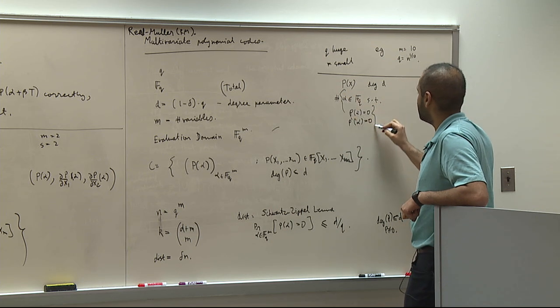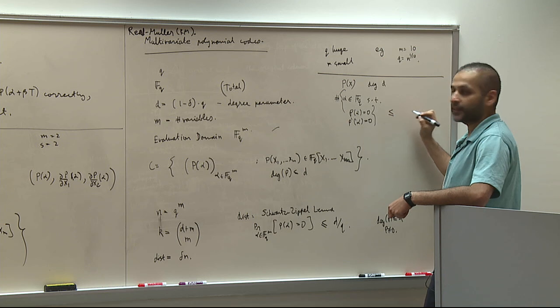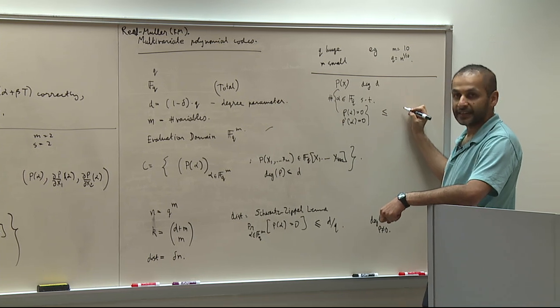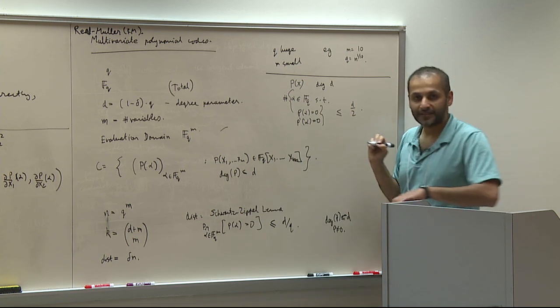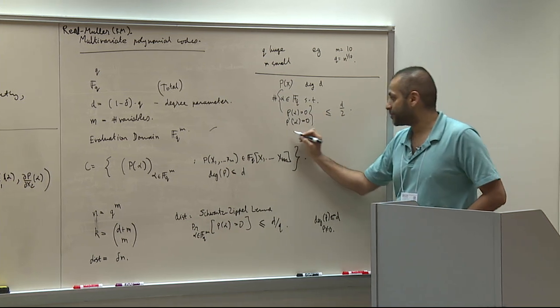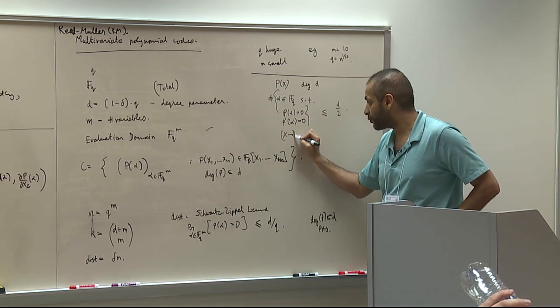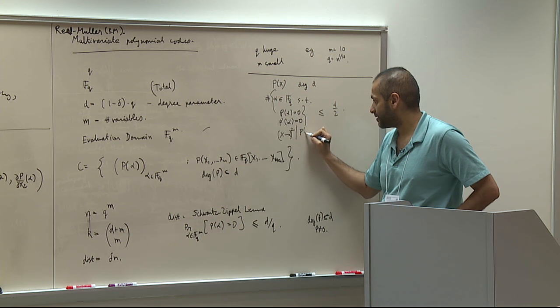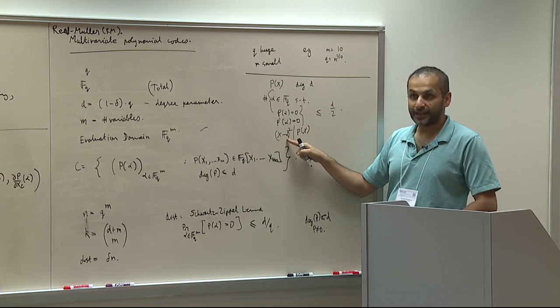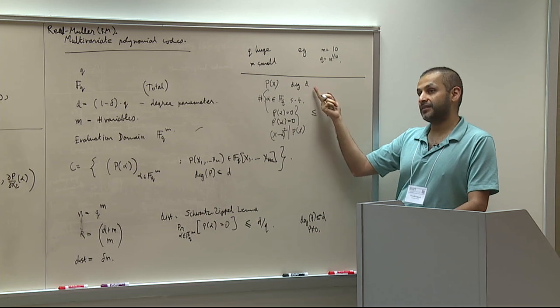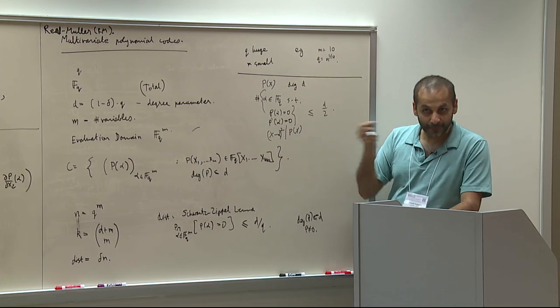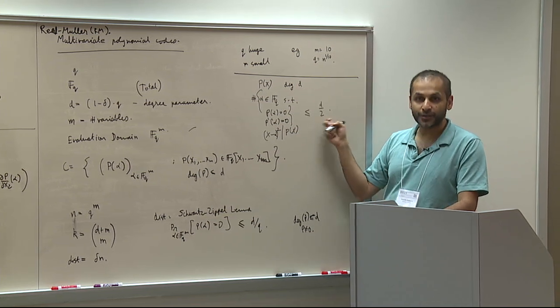What can you say about this? It is at most d over 2. Right? Because whenever this happens, (x minus alpha) squared divides P(x). So you get a double root. And we know that the total number of roots counting multiplicity is at most d. So that's why there are at most d over 2 such alpha.